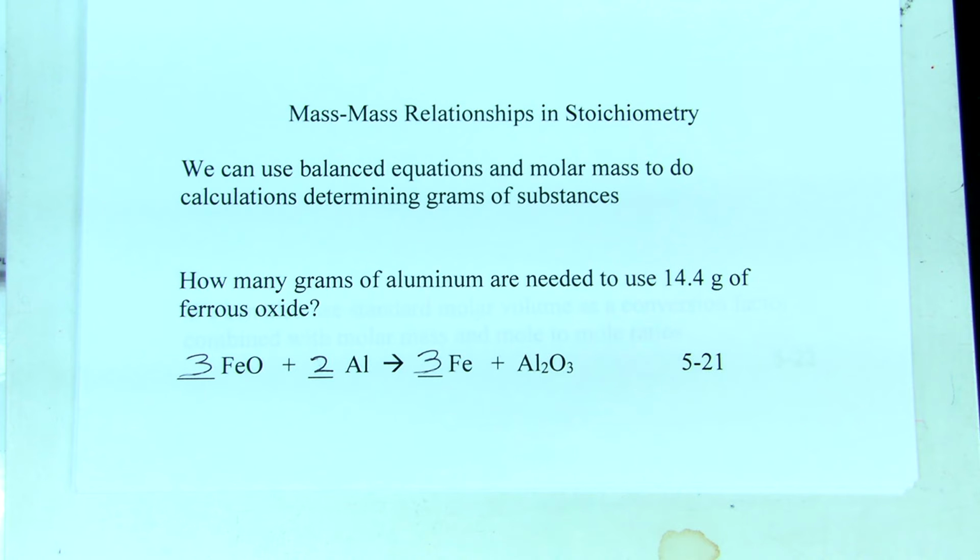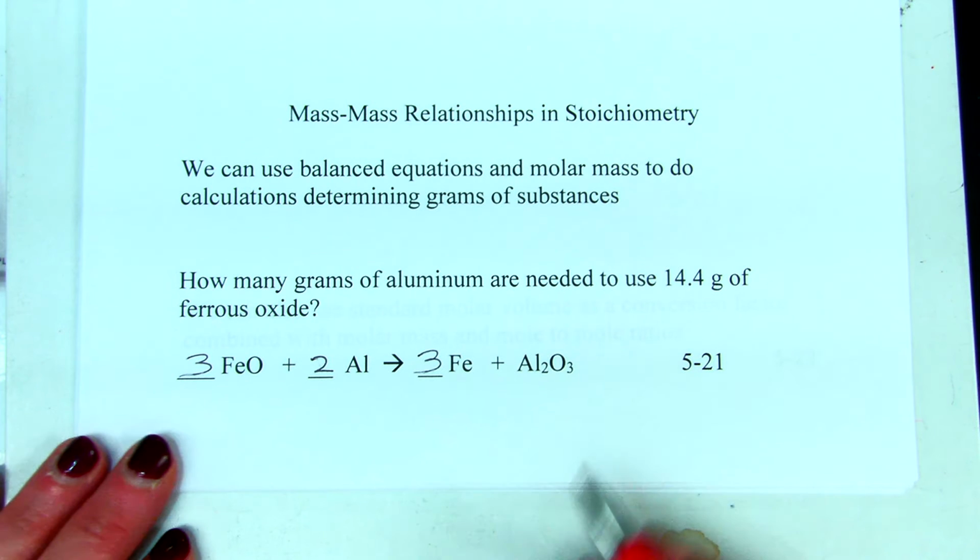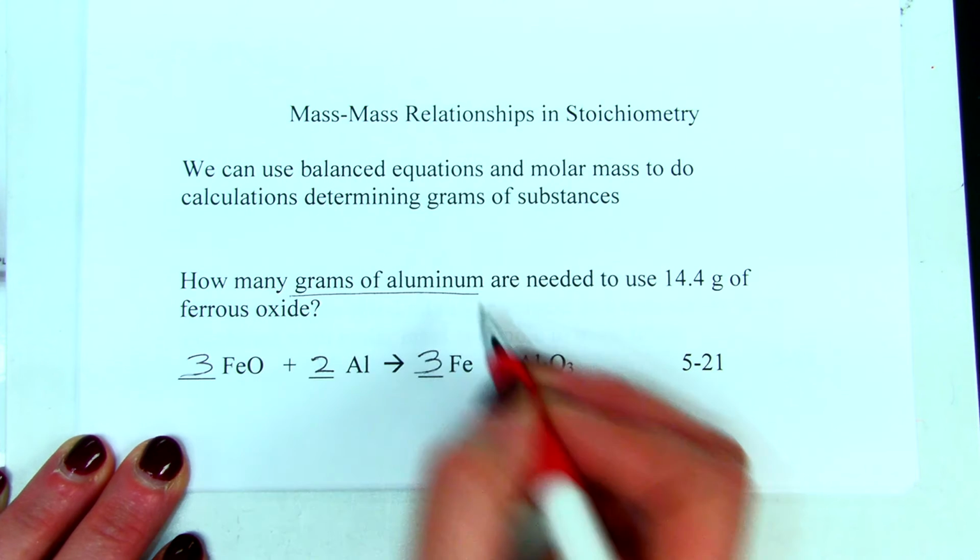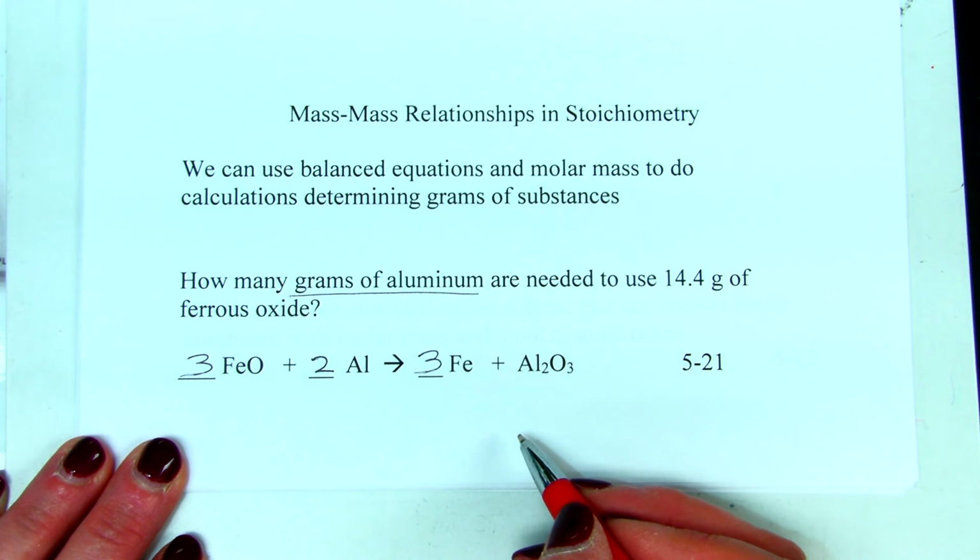Now if I'm going to need to use the molar mass to change moles into grams, the next thing I do is to grab my periodic chart and then I figure out the molar mass of the things of interest. So what are the 2 things of interest? Well, I want my answer in grams of aluminum, so I'm going to need the molar mass of aluminum.